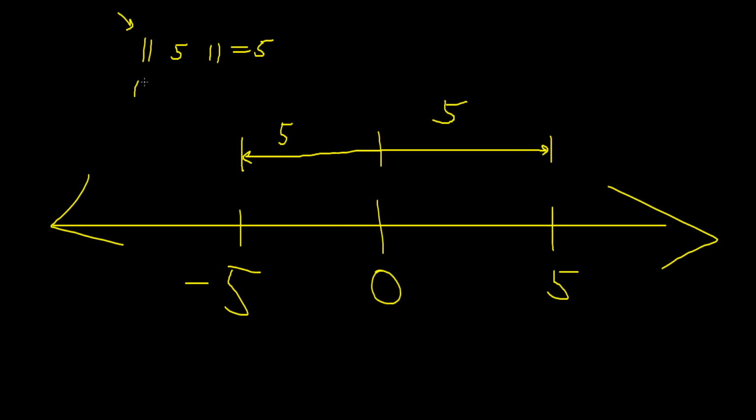Now, the absolute value of -5 is also 5 because I need to move 5 units away from 0 to get to -5. Basically, absolute value doesn't care about direction. If you wind up with a single number that is negative inside of an absolute value, you just treat it like it's positive.